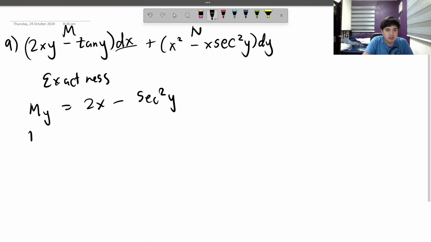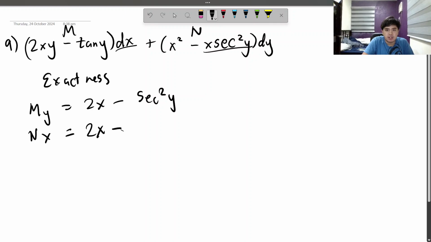Keep that in mind. Nx. Derivative of x squared with respect to x, that's 2x. Derivative of the other term with respect to x, well, the secant squared y is just a constant, so x is really the player here. Derivative of x is 1, so secant squared y. And would you look at that? They're exact.